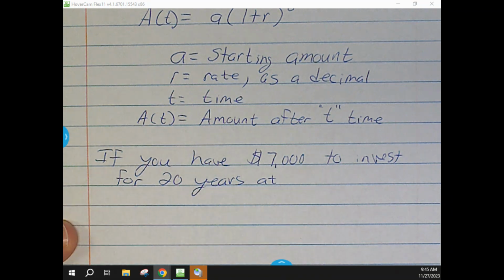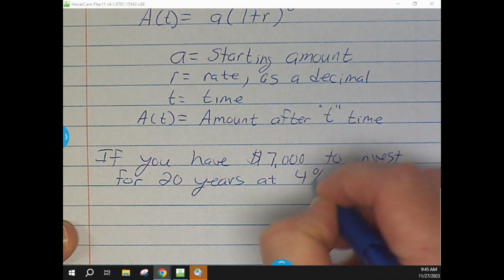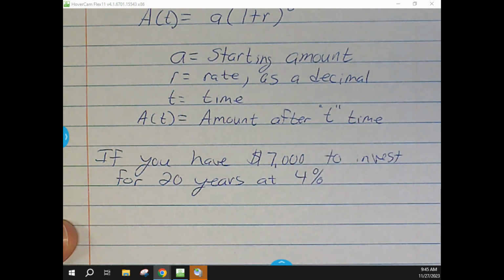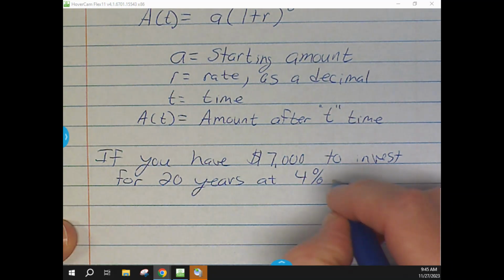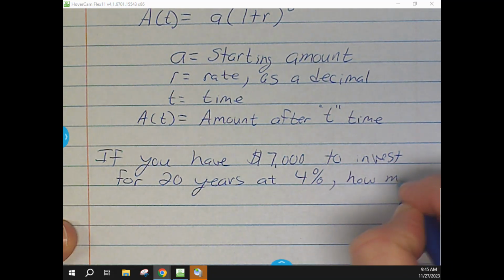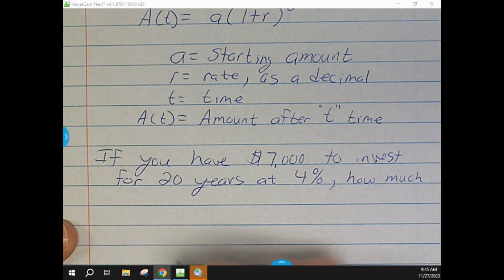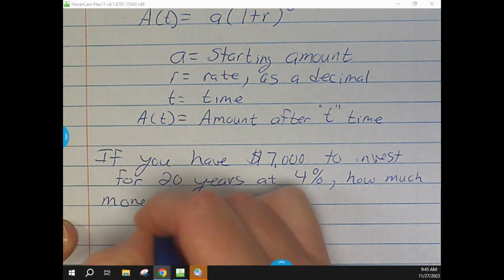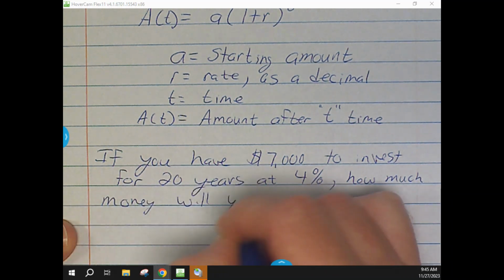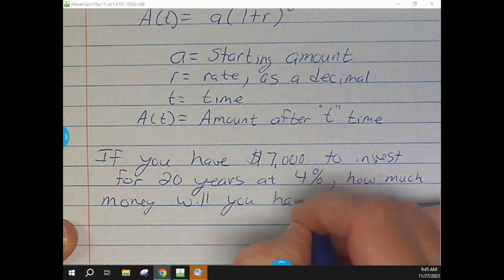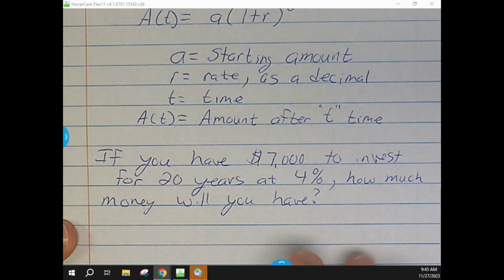This $7,000 is going to sit for 20 years, and some bank somewhere may lock in an interest rate. Let's say maybe it's 4%. Basically, they're going to say, all right, how much money will you have?